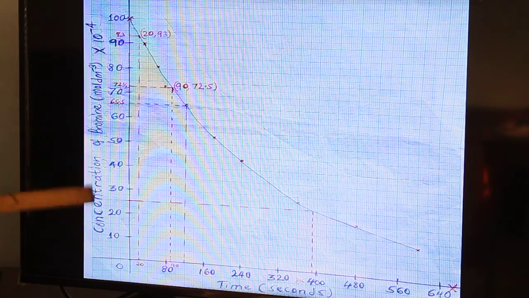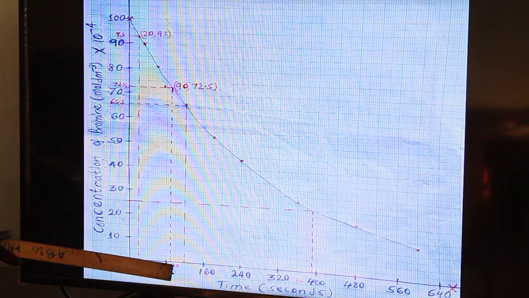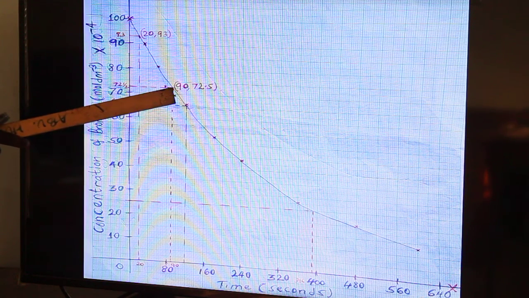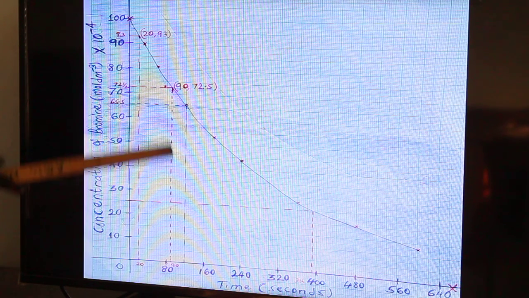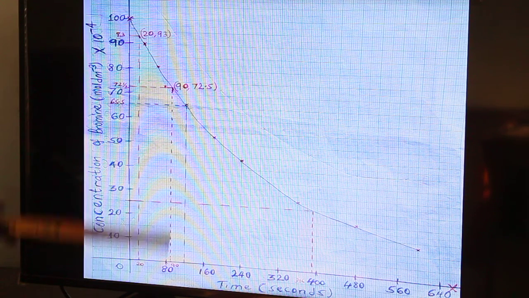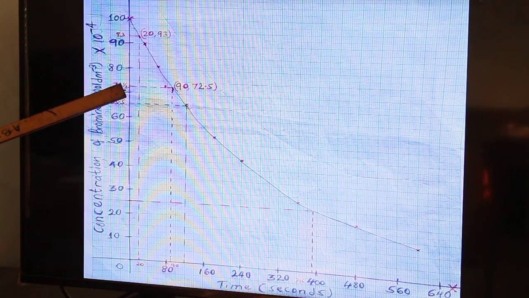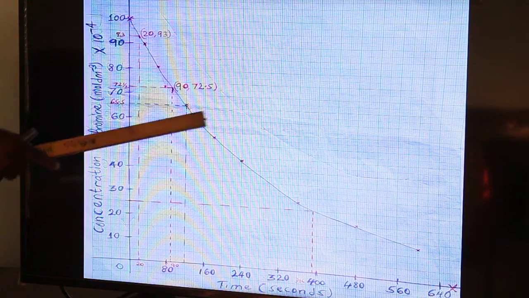Then we look for 90 seconds. It is here. Again we draw a straight line to touch the curve, then to the concentration axis. Time is the x-axis. So x is 90 seconds and y is 72.5 times 10 raised to power negative 4.